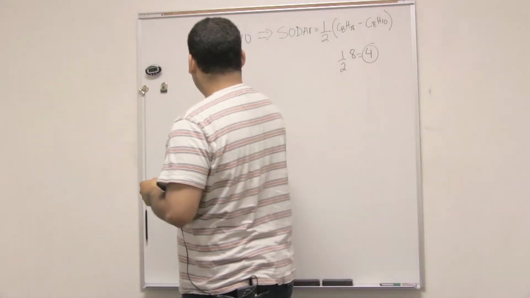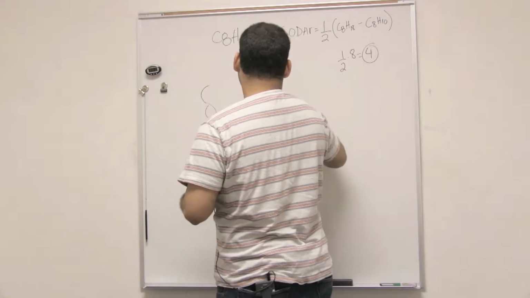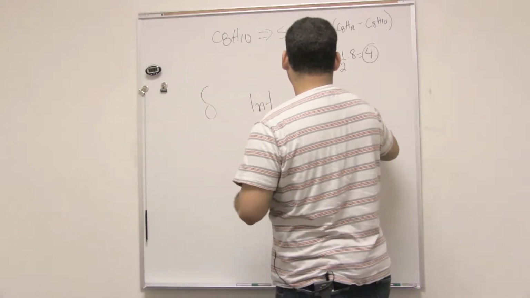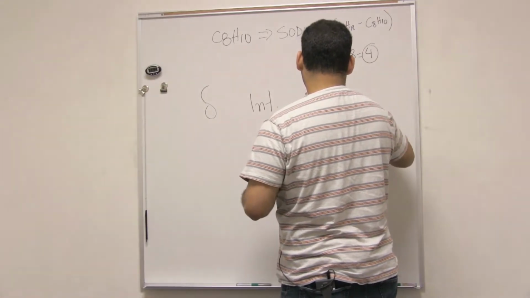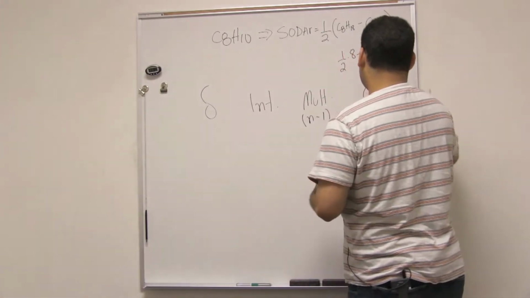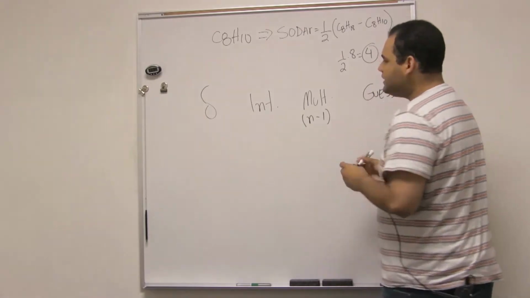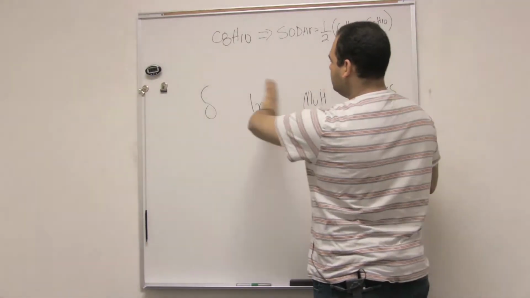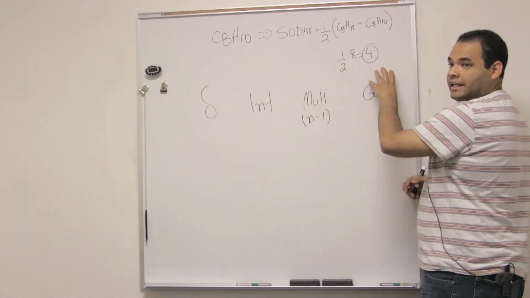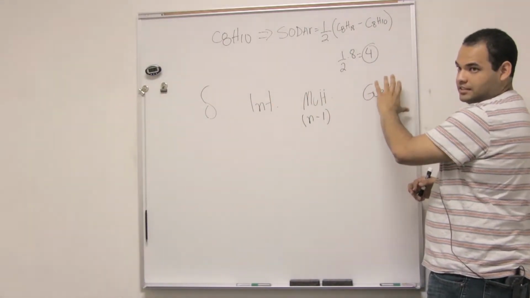So then I look at delta, integration, multiplicity, that is n minus 1, and then my guess. The whole idea is that the question will give you all this information, and you just need to combine them into a good guess.